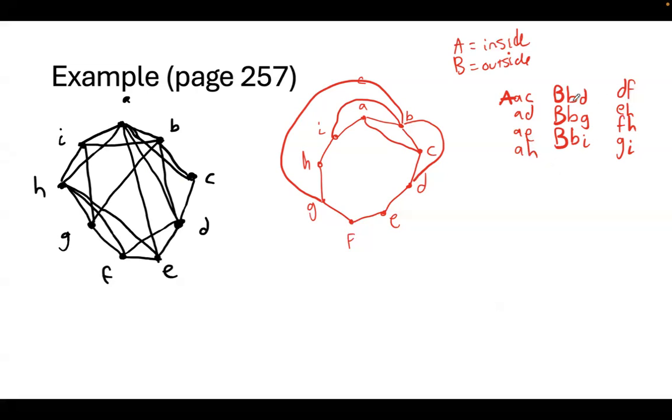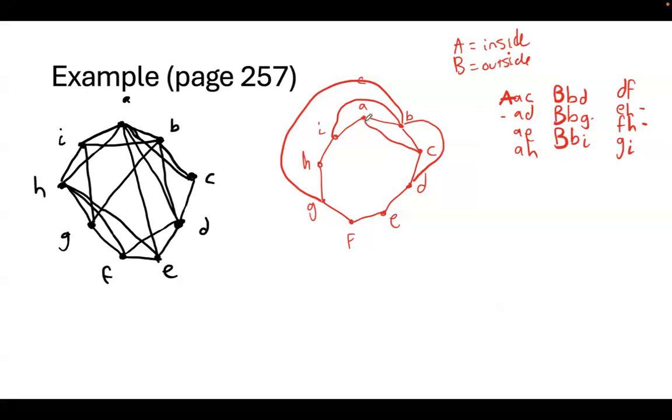So let's look at BG, which is the one going all the way around. We couldn't go around for AG, or AD. So it's AD, EH, and FH that cause problems with that one.